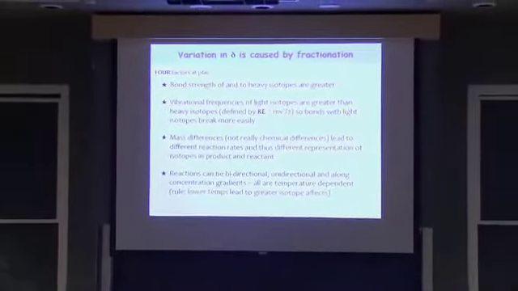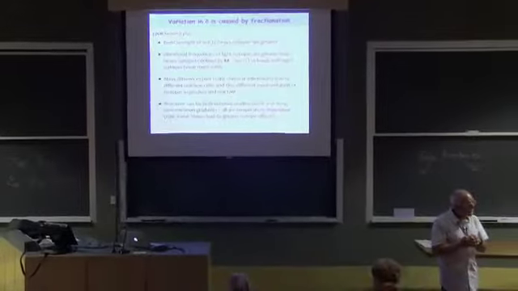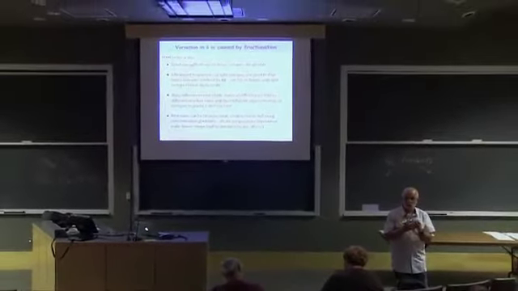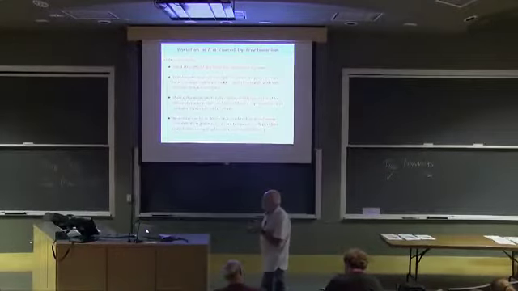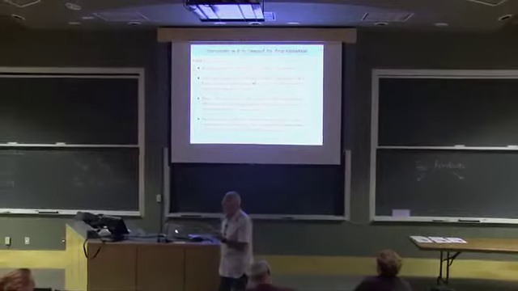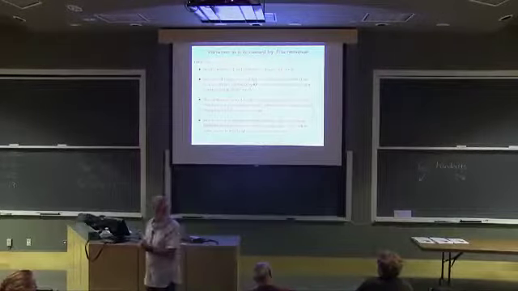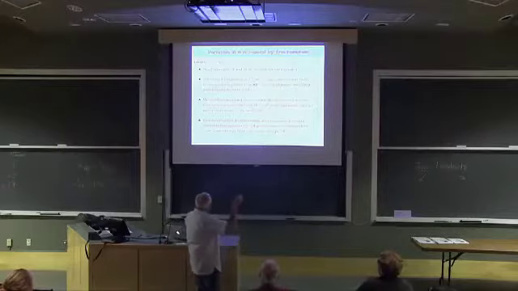The bond strengths are going to be different. Those bonded to light isotopes break more easily than those bonded to heavier isotopes. Right there is one of our rules, and one of the things that leads to the variation that we see in everything we're measuring, not just water, but all the other kinds of substances that we're going to be working on and thinking about during the course here.